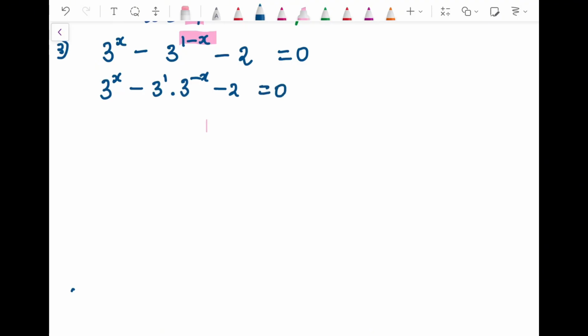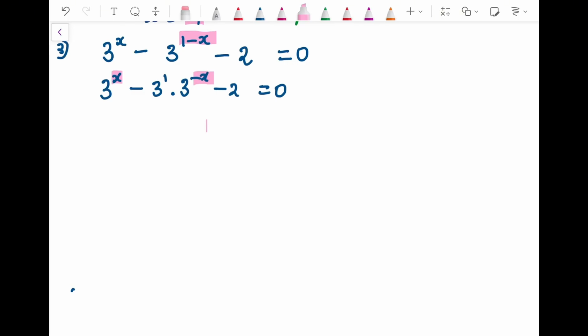Now, if you check the exponents of the first 2 terms, unfortunately, if you say x divided by negative x, the answer is not 2. So for now, this is not quadratic. But if we try to take out the common factor, unfortunately, this x is positive, this one is negative, so there is no common factor here.